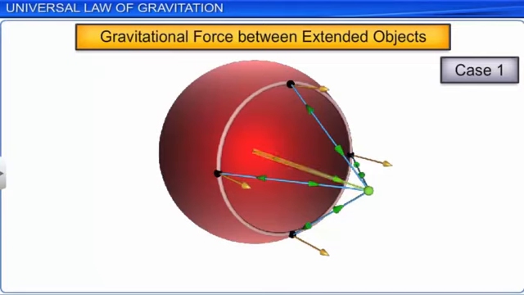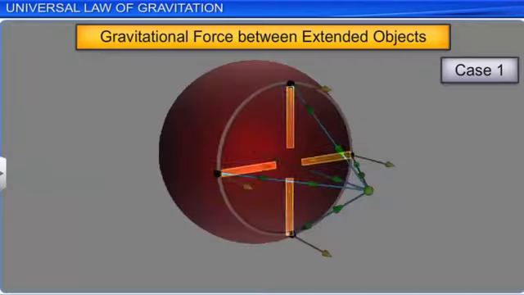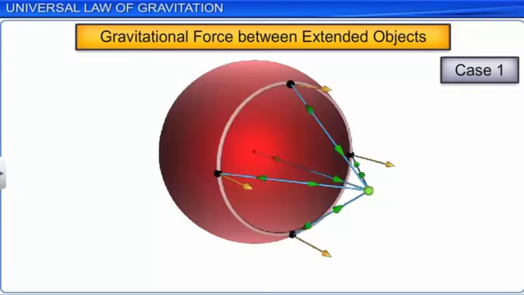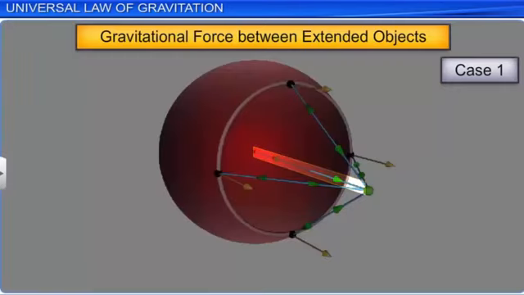The perpendicular components cancel each other, making the resultant force acting along the line joining the point mass and the center of the shell. The magnitude of this net force is equal to the force between the point mass outside the shell and the total mass of the shell concentrated at its center.